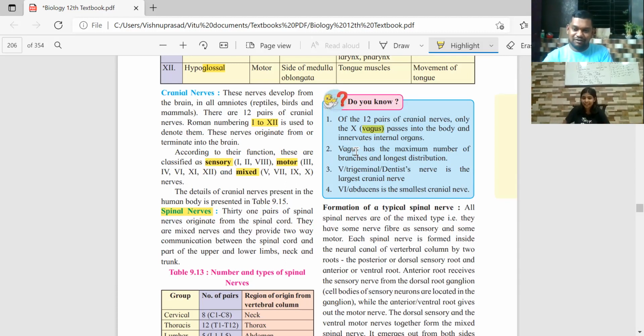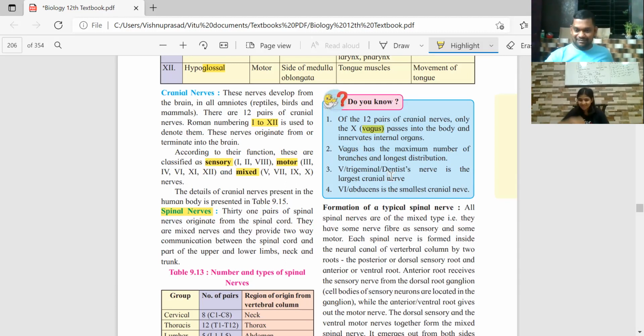One of its branches supplies the heart and innervates the SA node. This one branch of the vagus nerve takes care of the cardiac cycle and the heartbeat. Understood the correlation?